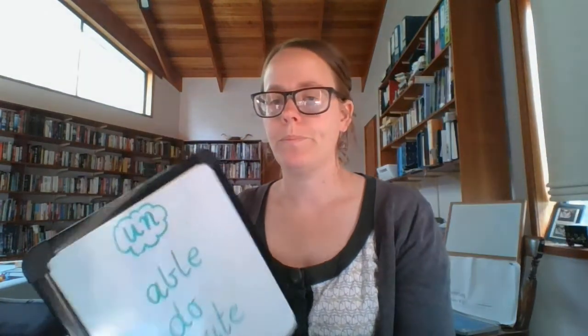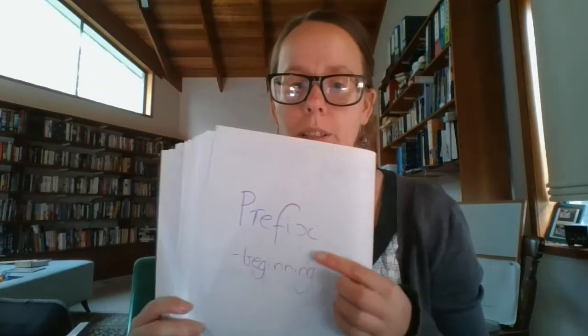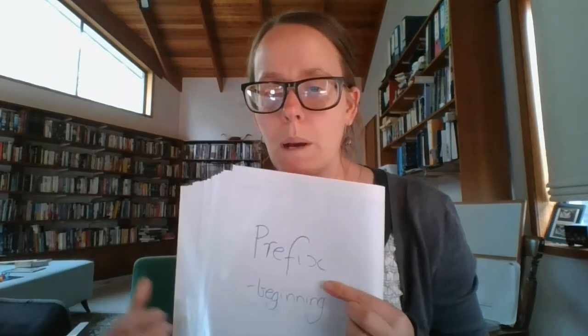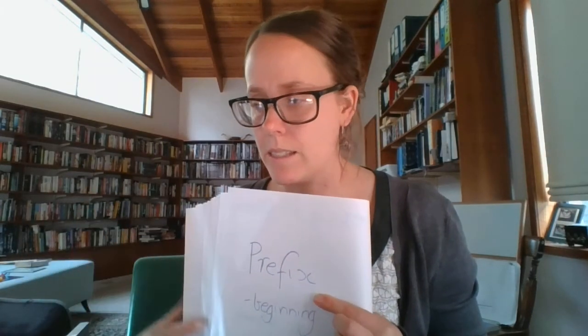So just then I talked about something called prefixes. I've got that written down. Let me show you. Prefixes are word parts that are on the beginning of words. They're at the start of a word. And what they often do is change the meaning of that word.